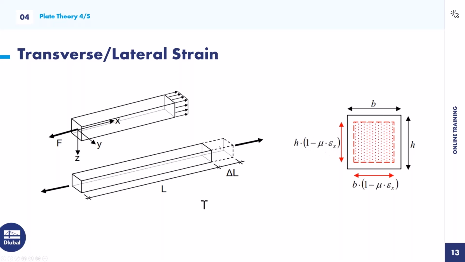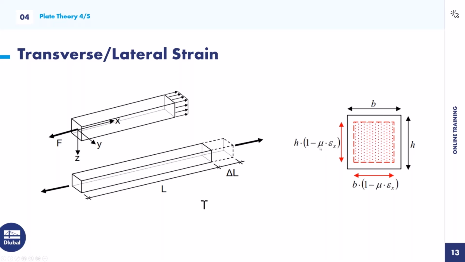Means if you pull a beam and it gets longer, the new volume right here must come from somewhere, right? And it comes from this place here. So the beam gets longer, but it also shrinks in size.